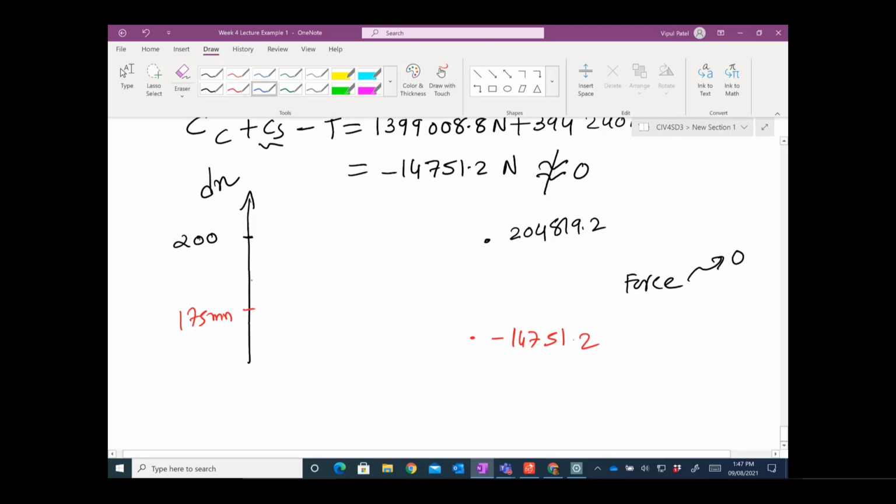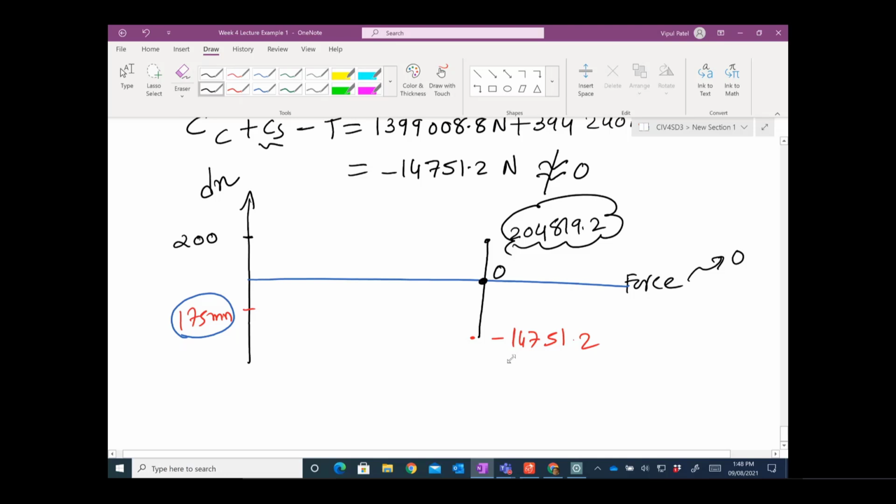Now we need 0. Somewhere we need 0. So we know that the value is between 175 and 200, because when you're traveling from here to here, at some stage it crosses 0, right? Because you go positive to negative.